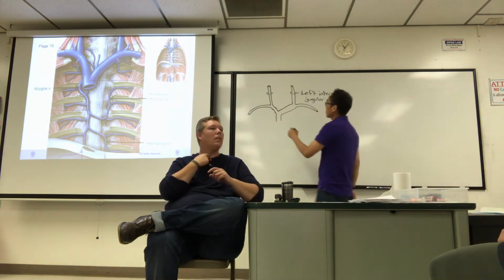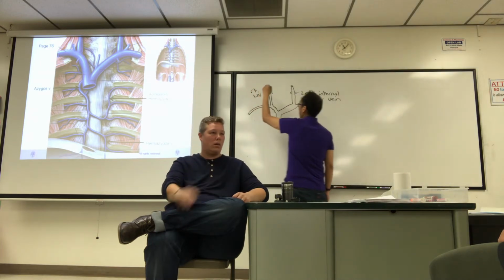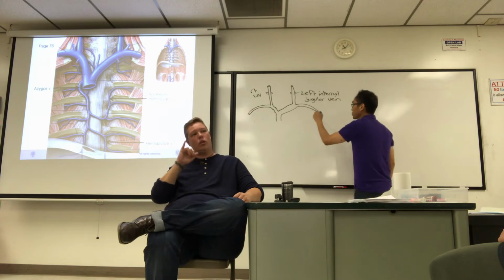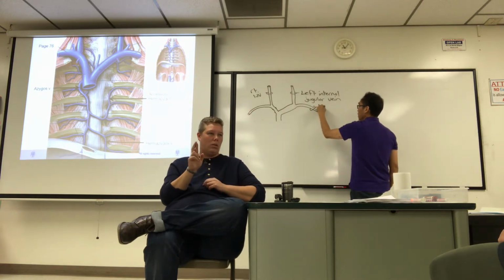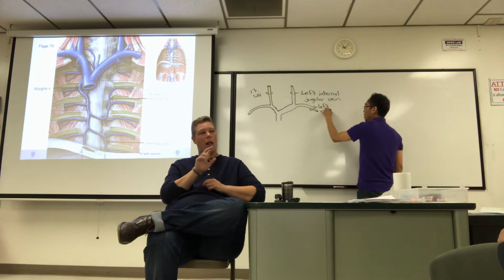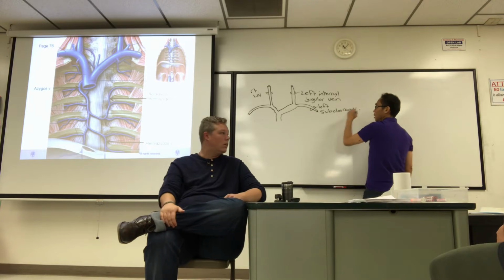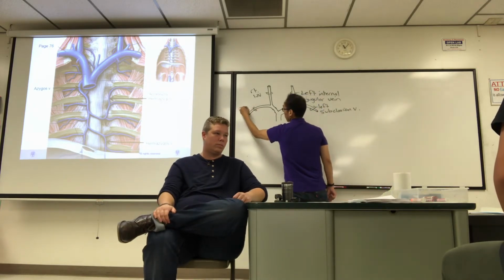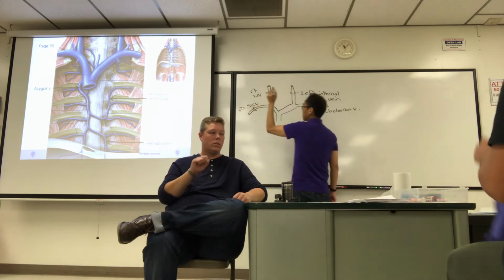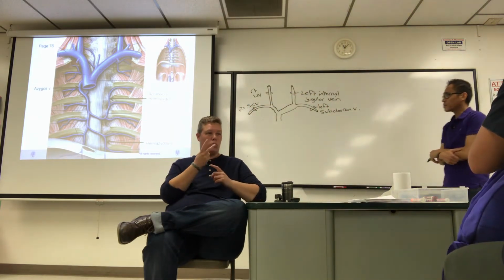So, right IJV on the other side. These two that merge with it, this is the left and right subclavian vein. And the one on the right. Right subclavian vein, SCV. The jugular and the subclavian, they merge to form brachiocephalic vein.